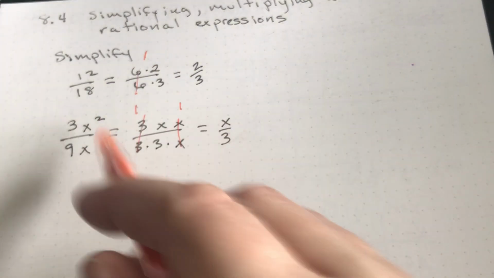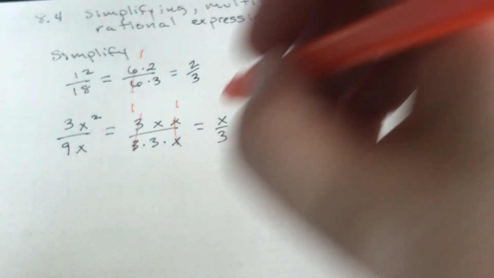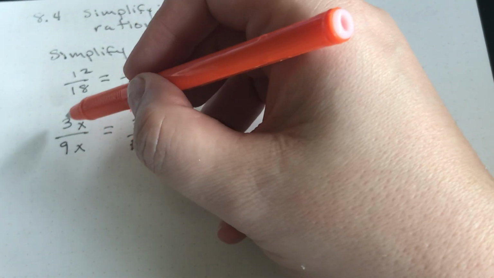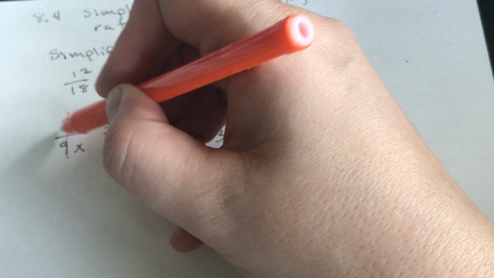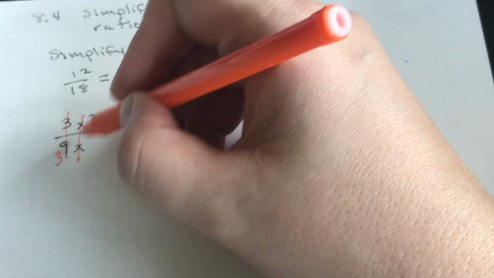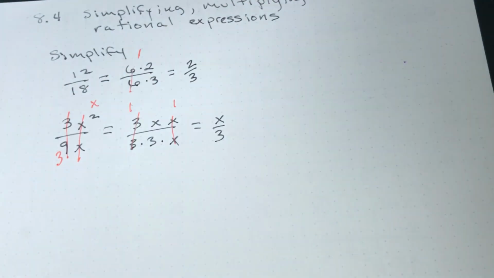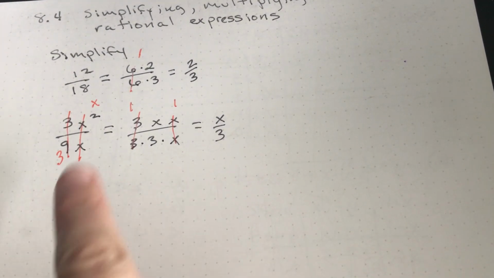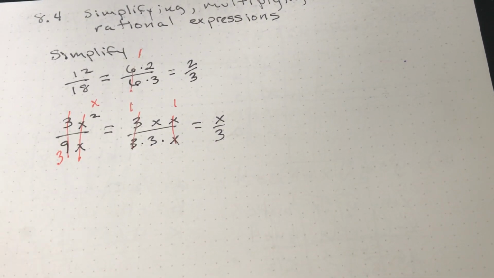Another way to do this, instead of writing the whole thing out, is we could just cancel it out in here. So I could say, if I have 3 here, then this 3 is gone, and here I'm left with 3. And I can cancel these out. The x's are gone, and here I'm left with x on top, and then it's the same way. So it's just another way that I've seen people do this without rewriting the whole thing. Okay.